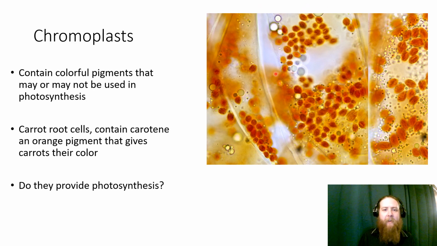Is the orange part of the carrot involved in photosynthesis? No, it's the one that's under the ground. So this part of the carrot is not really involved in photosynthesis. It's under the ground. It's not getting a lot of sunlight coming down into those cells, so not providing a lot of photosynthesis.